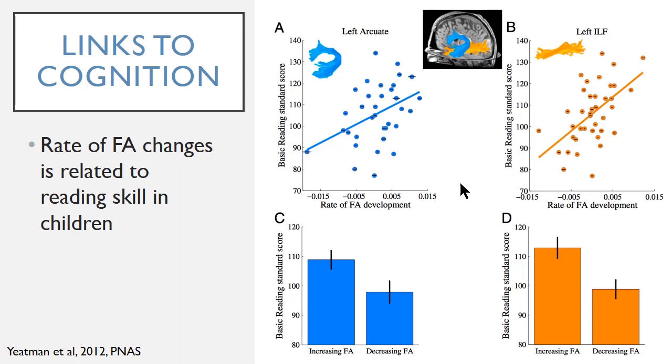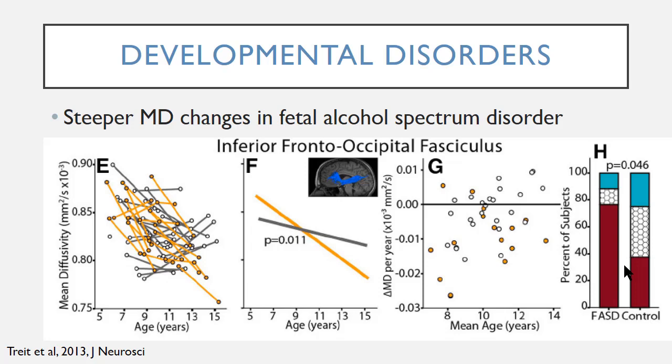And of course, cognition can play a role, even within healthy kids. This was a nice longitudinal study that looked at the rate of FA development over several years compared to reading scores in kids. And kids with higher reading scores were more likely to have bigger changes of FA in the left arcuate and the left inferior longitudinal fasciculus than kids with lower reading scores at the beginning. Also, if they separated kids who were increasing or decreasing FA, the increasing group had higher basic reading scores than the decreasing FA group.